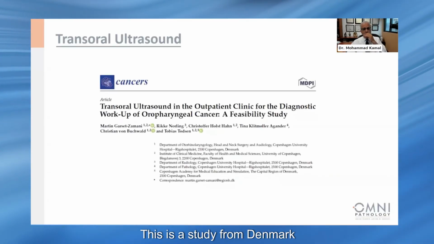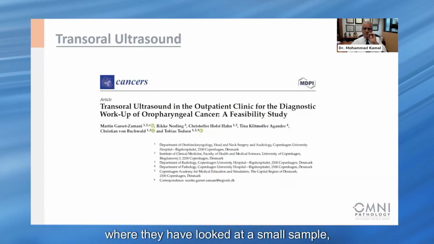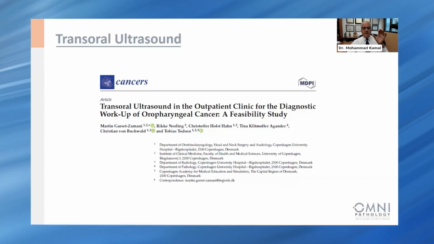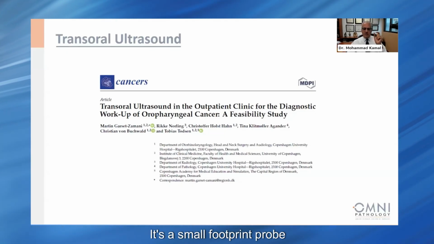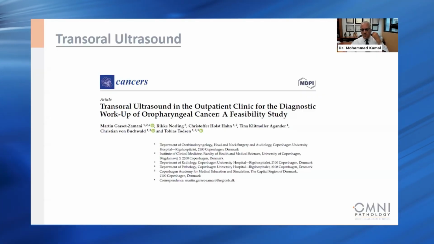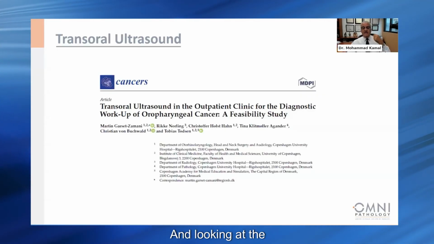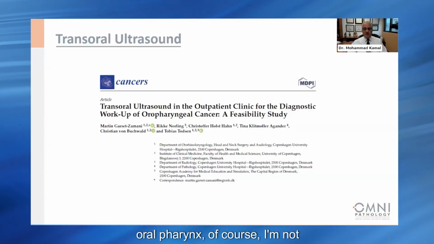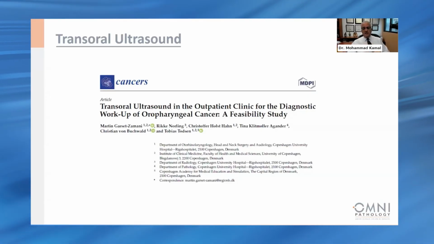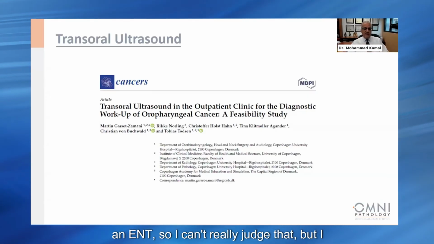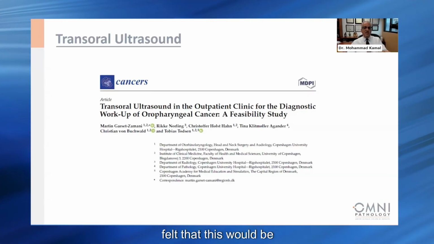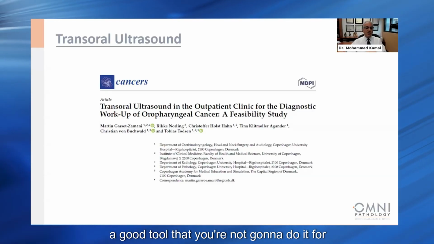This is a study from Denmark where they looked at a small sample, but they looked at a transoral ultrasound. It's a small footprint probe that can be inserted orally, and looking at the oropharynx. Of course, I'm not an ENT, so I can't really judge that, but I felt that this would be a good tool, that you're not going to do it for everybody.